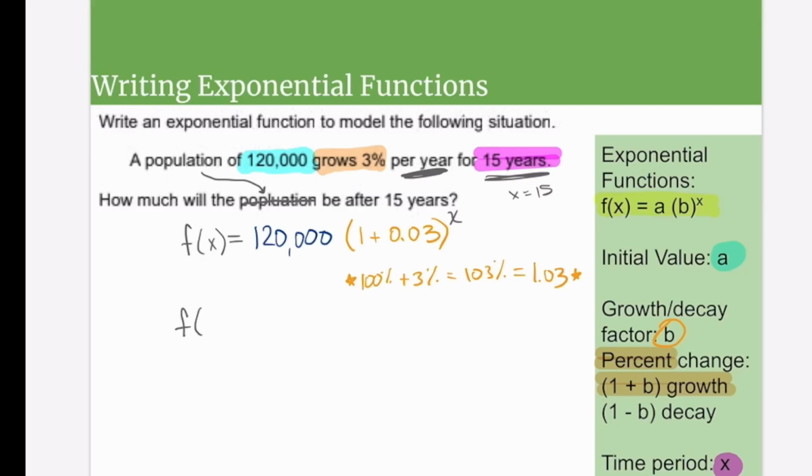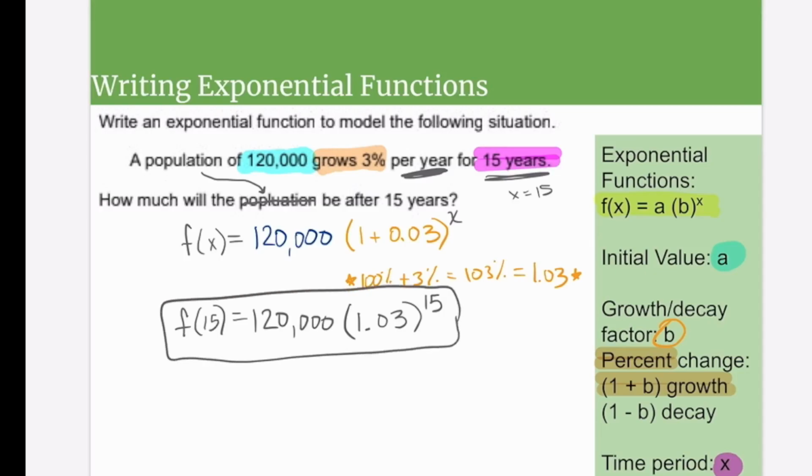So to solve this, because it is telling us it's 15 years, we would do 120,000 times, you can simplify that base or not. If you do, it's 1.03, and that's to the 15th power. So 5 years would be to the 5th power, 2 years would be to the 2nd power, and this is how you would write your equation.